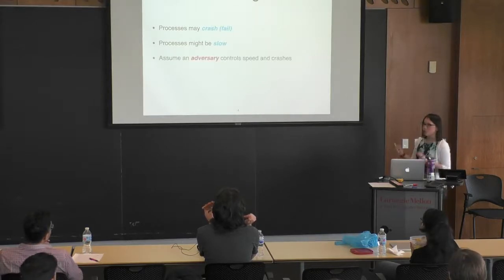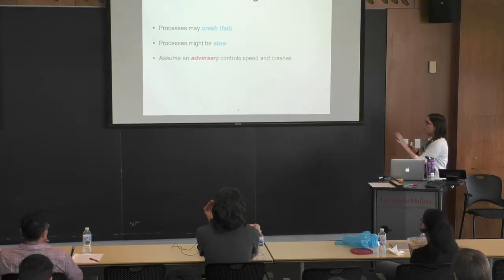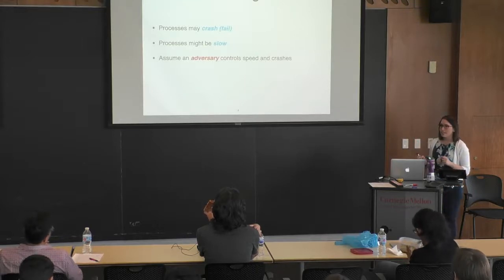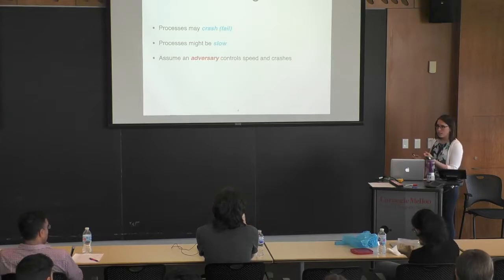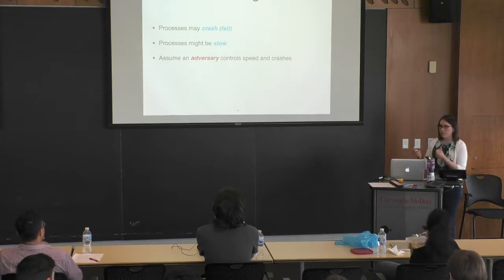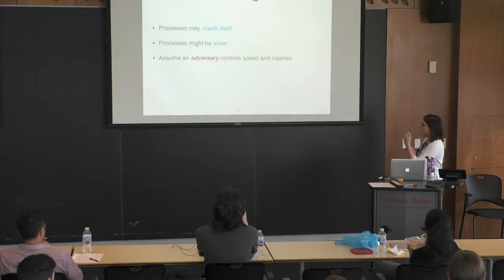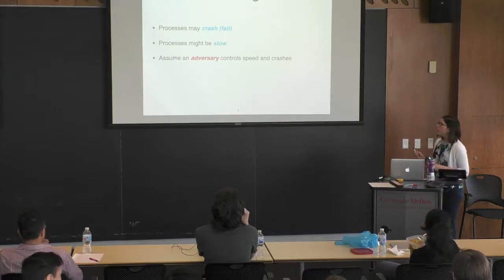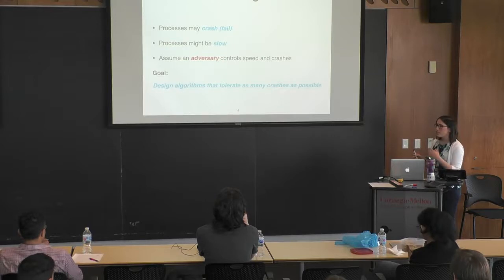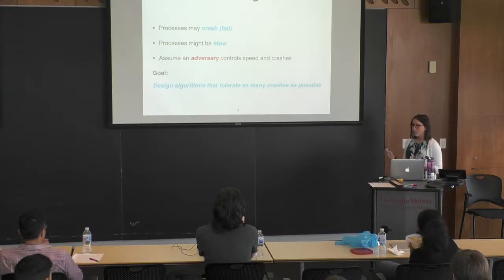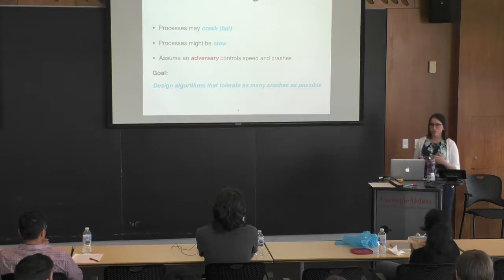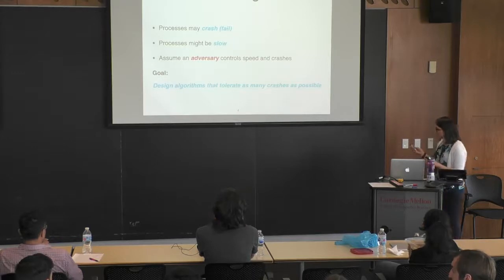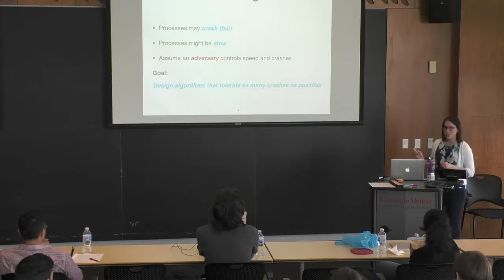And we're actually going to be talking about the theoretical setting, in which we abstract these two problems as an adversary that can completely control who in my network is crashed and the relative speeds of the processes. And under this setting, we're going to focus on trying to design algorithms that can tolerate as many crashes as possible. So we want them to be robust to the processing units crashing and then not responding. Right, so this is a very high-level idea.